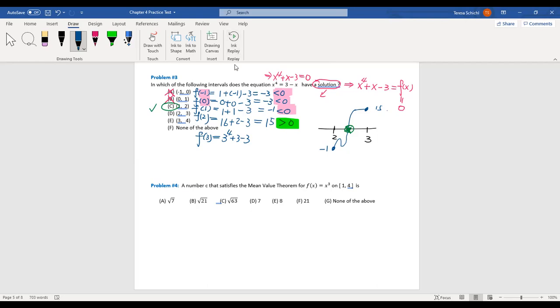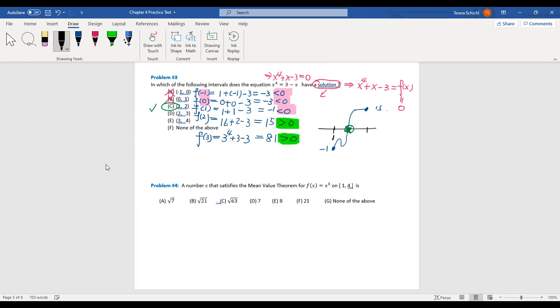So what do we have here? We have 81, right? 81 is greater than 0, so the sign did not change. I'm sorry, I graphed it wrong here. So I need to be very careful there.